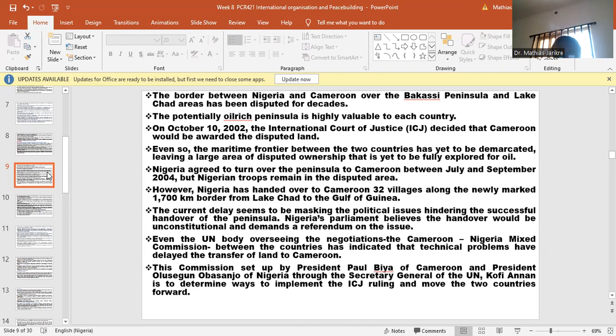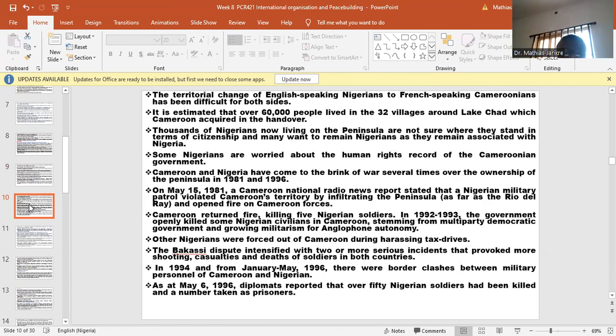The commission, set up by President Paul Biya of Cameroon and President Olusegun Obasanjo of Nigeria, through the Secretary General of the UN, Kofi Annan, is to determine ways to implement the ICJ ruling and move the two countries forward. The territorial change of English-speaking Nigerians to French-speaking Cameroonians has been difficult for both sides.